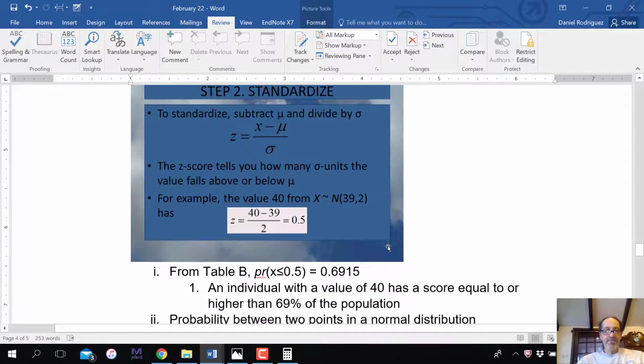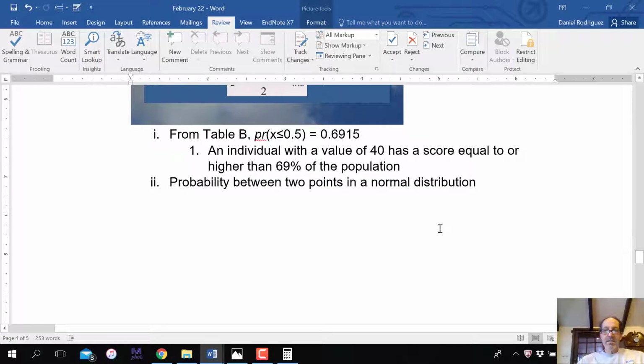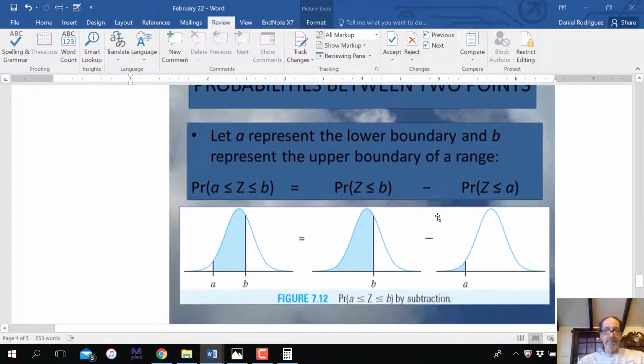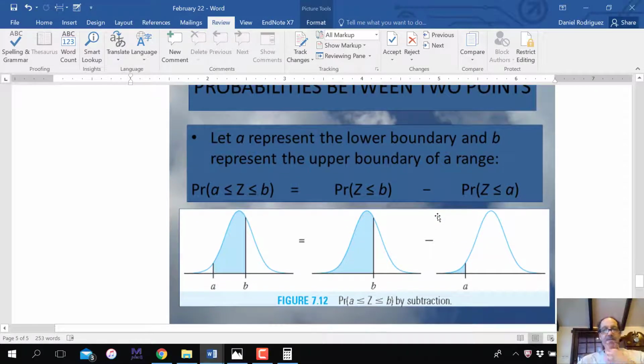Okay, let's see. So that's what I talk about here. This is fun. Often we want to know the probability of somebody scoring between 2 points, right? So we're not always interested just in percentiles.